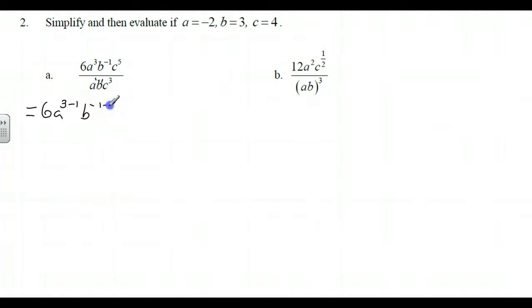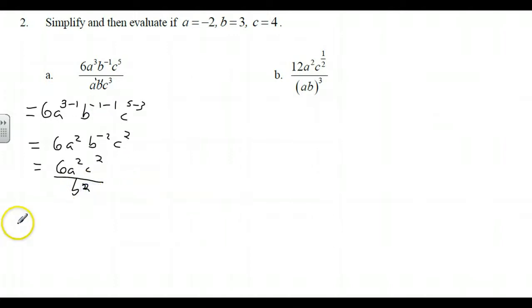So it's negative 1 minus 1, and we've got c to the 5 minus 3. 6a squared, b to the negative 2, c squared. So 6a squared c squared over b squared.